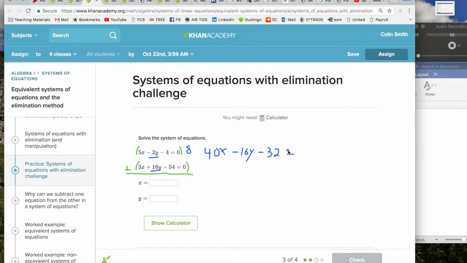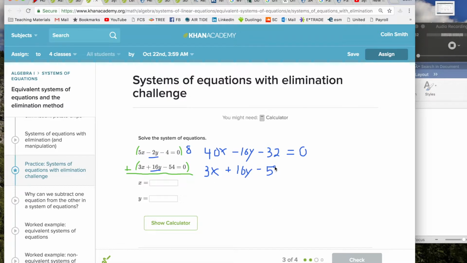Everything else stays the same. So this still carries over just like it was before: 3x plus 16y, and then minus 54.